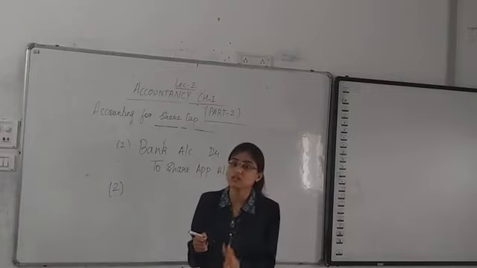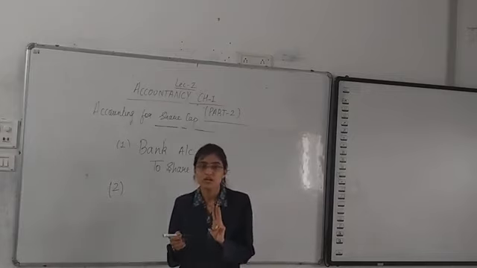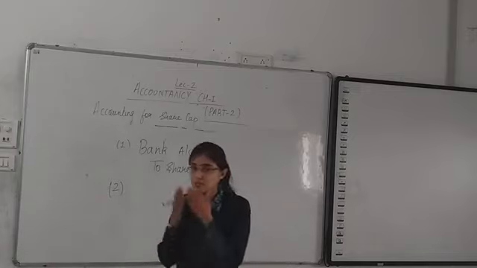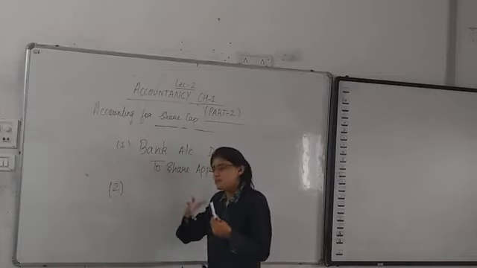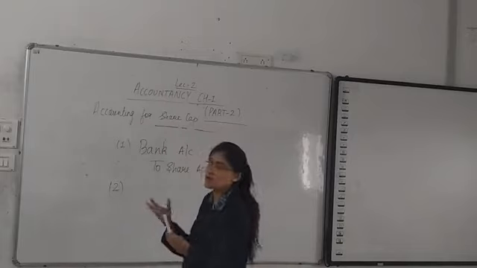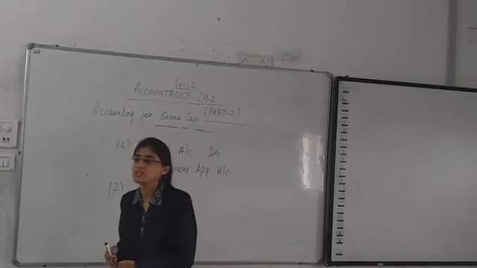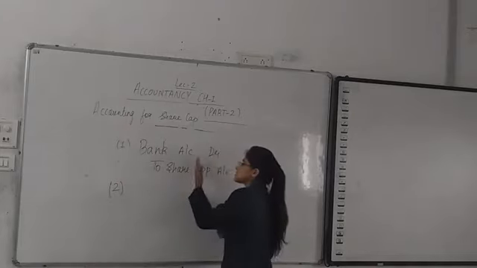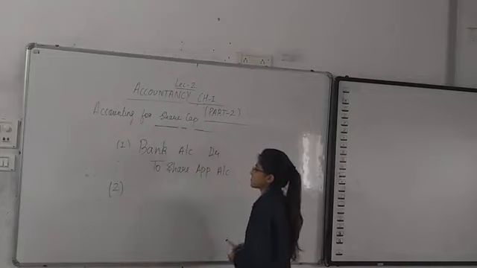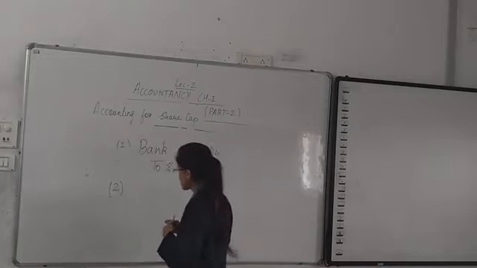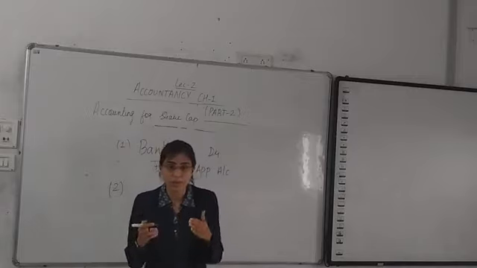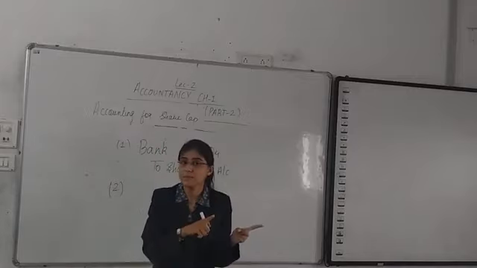I am reading the third journal entry in your textbook. Second one I will explain, please don't worry. But it is related and hence in a flow by mistake I said second instead of 3. Yes, this is the journal entry for receiving money of application. Now we have journal entry for transferring this amount in share capital account.